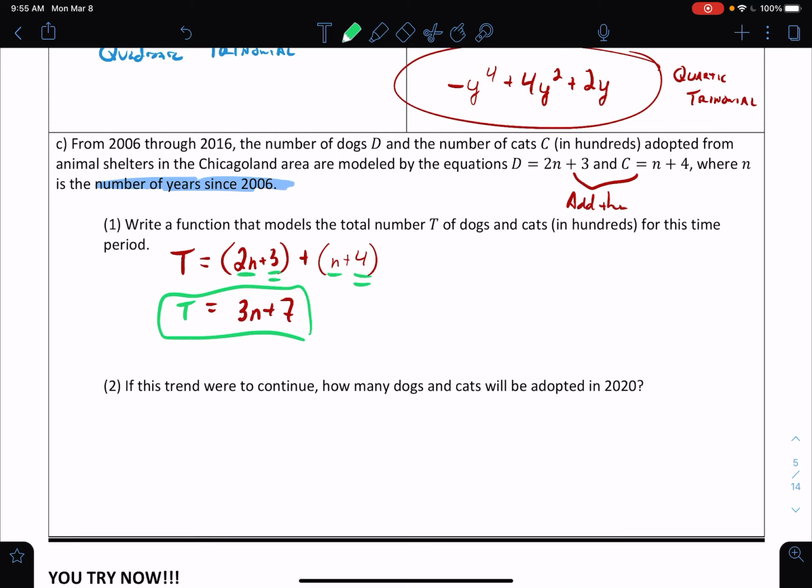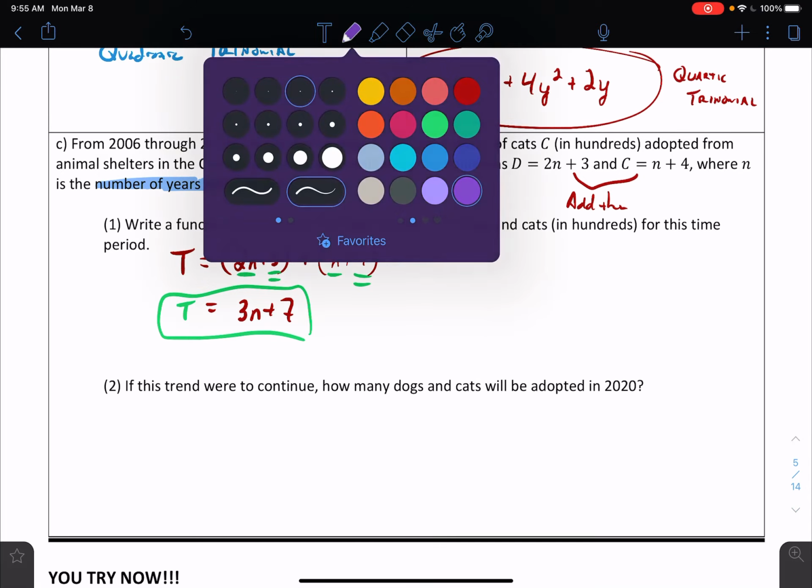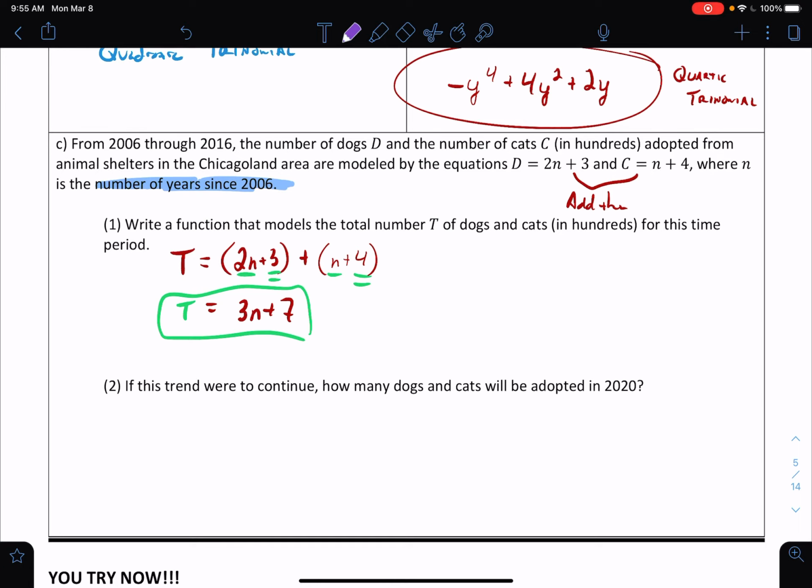Now we're trying to say if this trend were to continue, how many dogs and cats will be adopted in 2020? Well, notice, n represents the number of years since 2006. And if we're in 2020, n's going to be 14 because it's been 14 years since 2006. So I'm going to take that value of 14 and I'm going to plug it in for n.